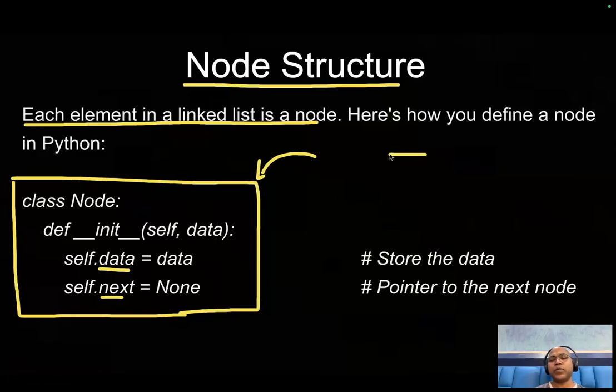The first time you create one element, it contains your data and the next pointer, or next reference. If next is none, it means there is no next element.